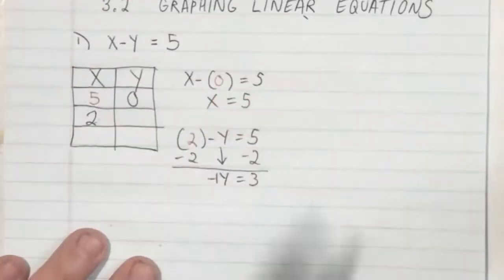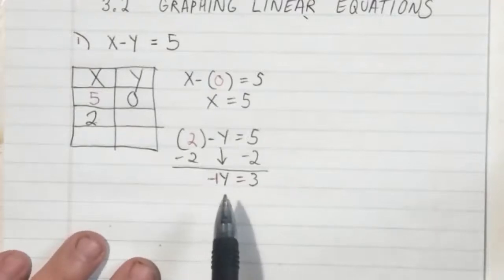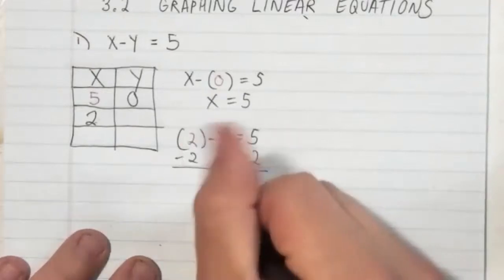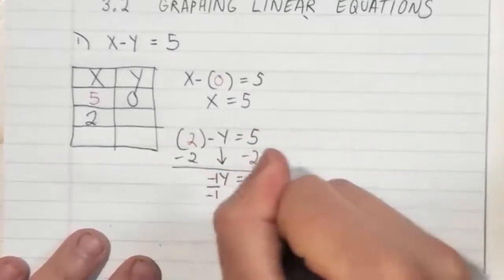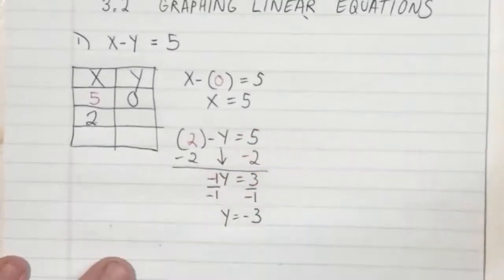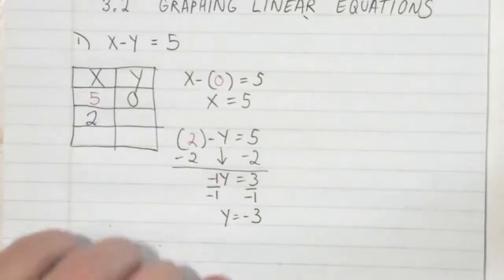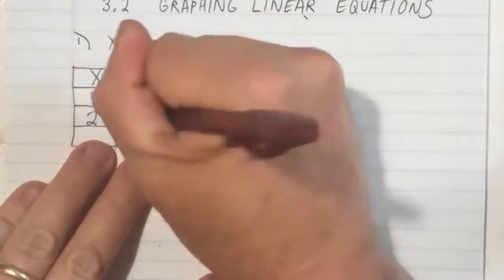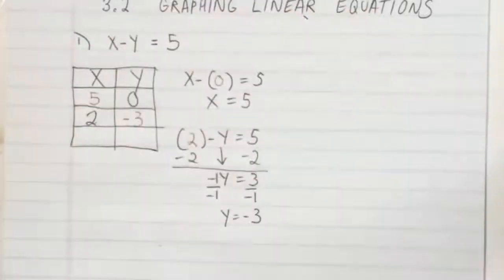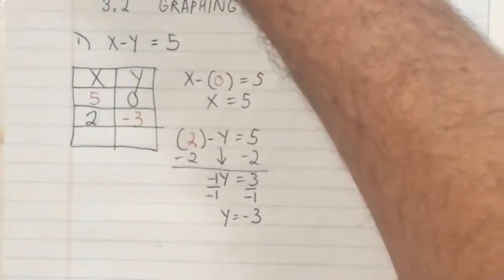So that y is not isolated in that form. I still have one more step to solve for y, and that last step is to divide negative 1 to both sides. So on this one now, my y value would be negative 3.